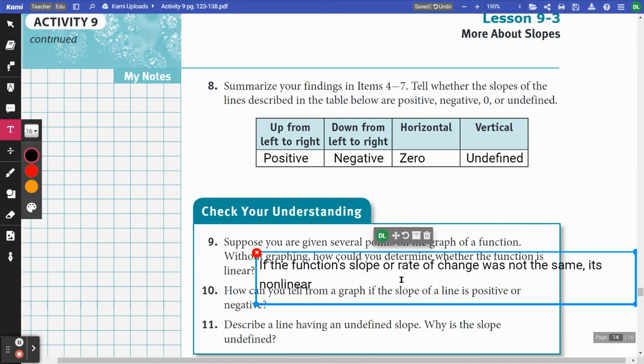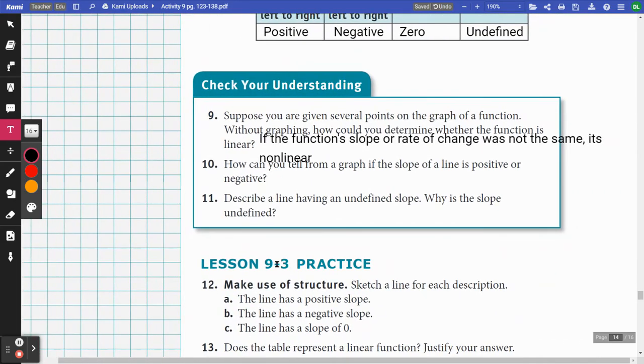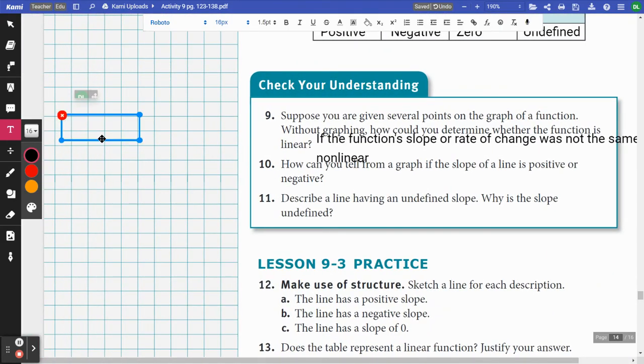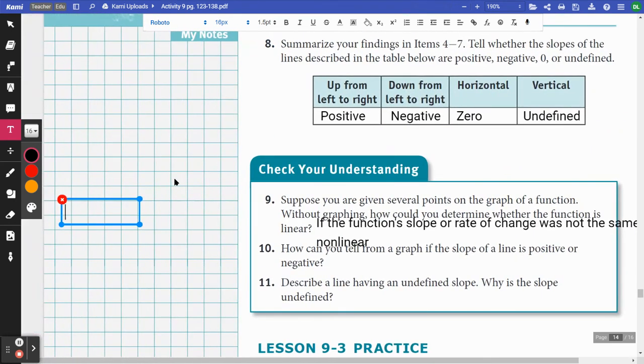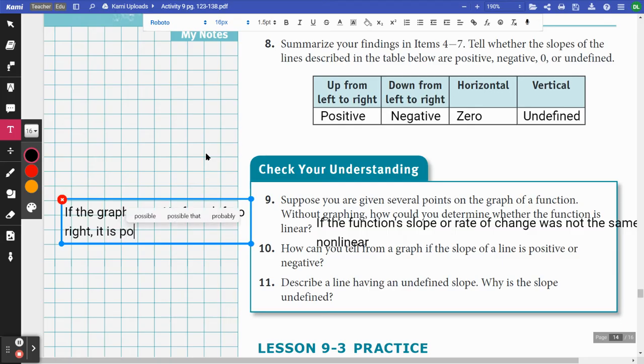Number 10, how can you tell if the slope of a line is positive or negative? Okay. Number 10, you're just gonna look up here. If the graph goes up from left to right, it is positive.